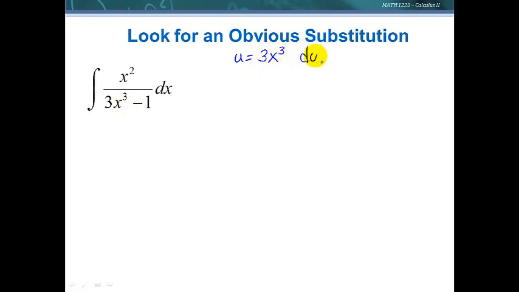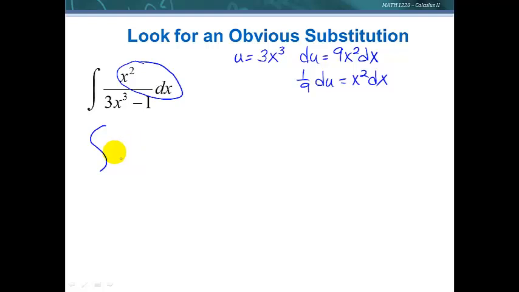And then du would be 9x squared dx, and I can see that I have my x squared dx, so 1/9 du would be my x squared dx piece. So this is going to be the integral of, we'll put the 1/9 out in front, du, and then this is just going to be u minus 1.